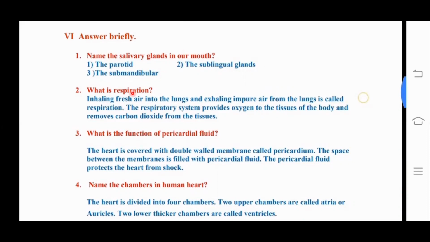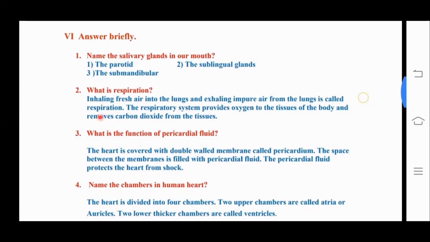And what is the respiratory system? Respiration. What is respiration? Inhaling fresh air into the lungs and exhaling impure air from the lungs is called respiration. That means fresh air comes inside our body, and impure air goes out of our body.